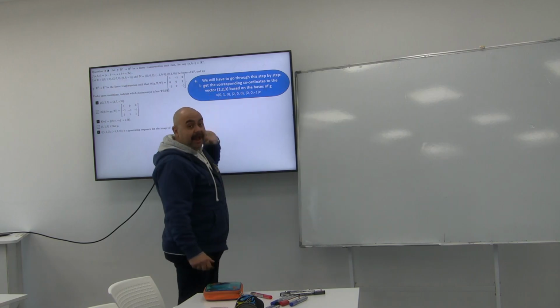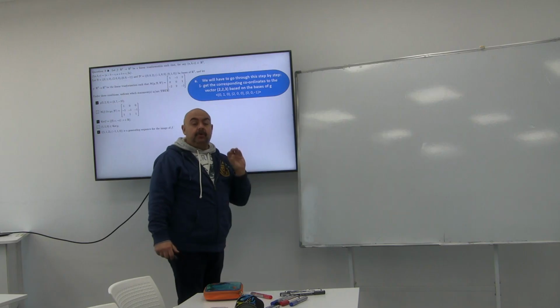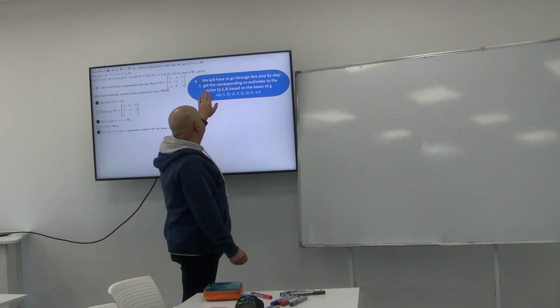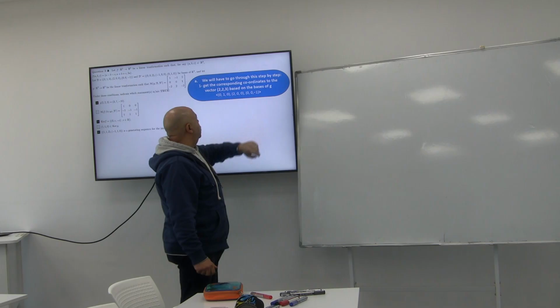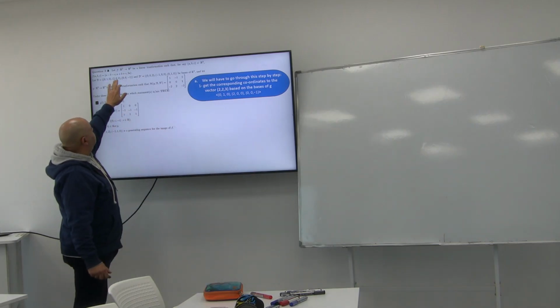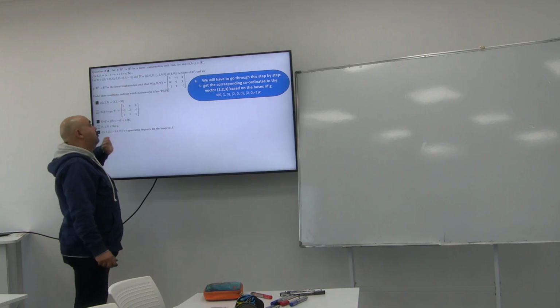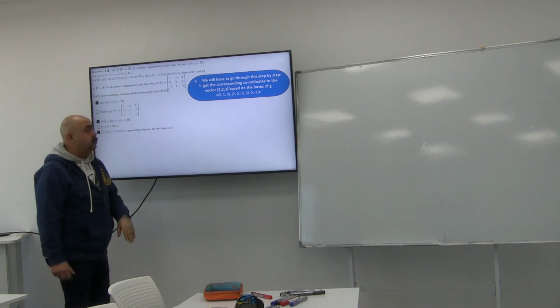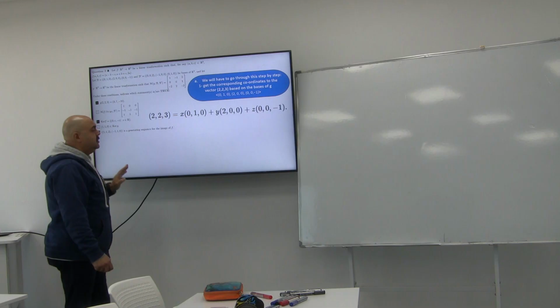We will have to go through step by step and get the corresponding coordinates of the vector (2, 2, 3) based on the basis of G, which is given by (0, 1, 0), (2, 0, 0), (0, 0, negative 1), because you are moving from R3 into R3. So I will start with this basis, and this is very simple.